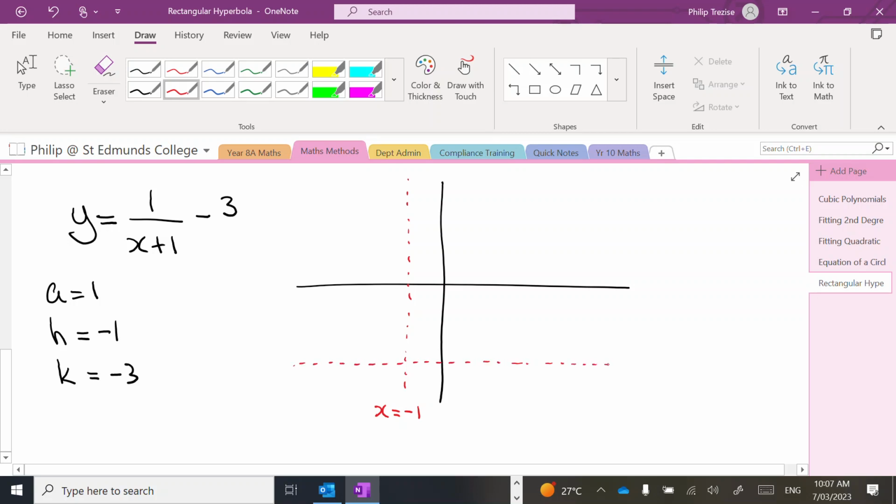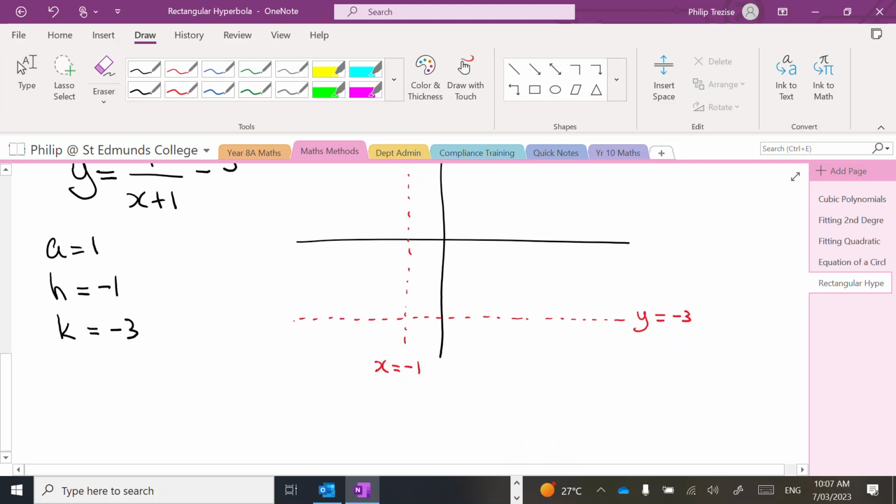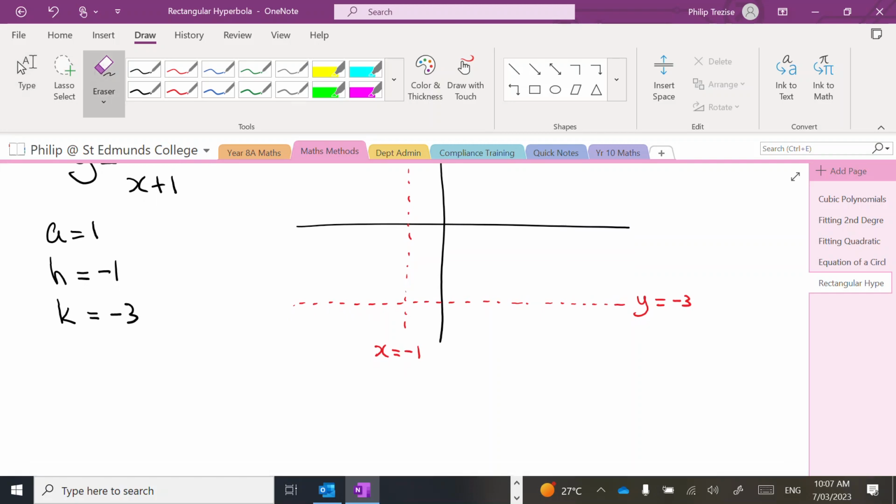So I'm going to have the line y equals negative 3. It's almost like that point is now the origin of my graph, whereas the original one, of course, was over there.